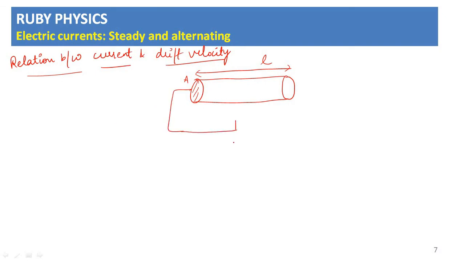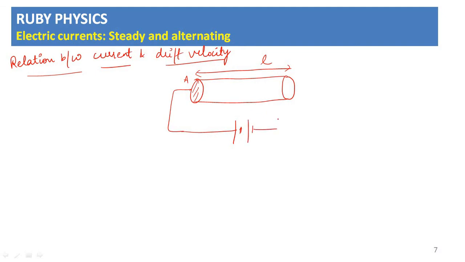Okay, so for this relation, we consider a conductor, say a copper wire of length L, with a cross-section area A. It is connected with a battery so that a potential difference is applied to it, and it has some electric field.